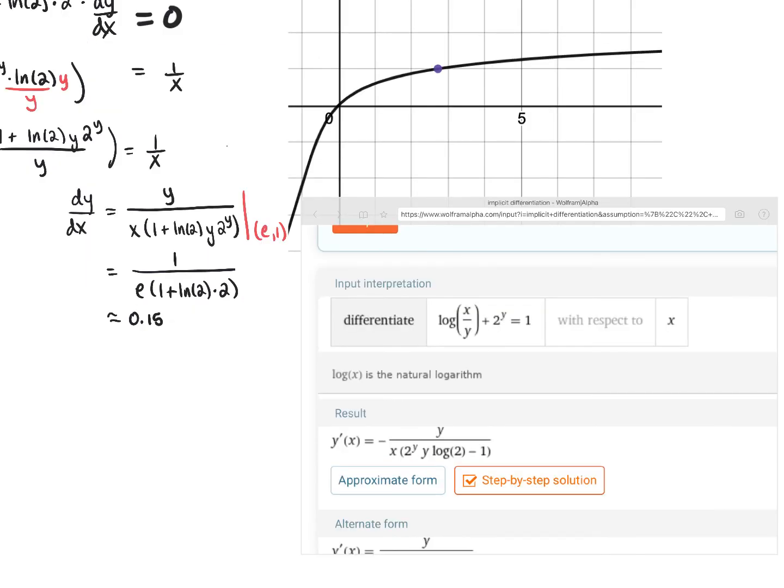Nope, I see it now. I typed it in wrong. It's log of y over x, and so I had my subtraction order backwards. So let's try that again.